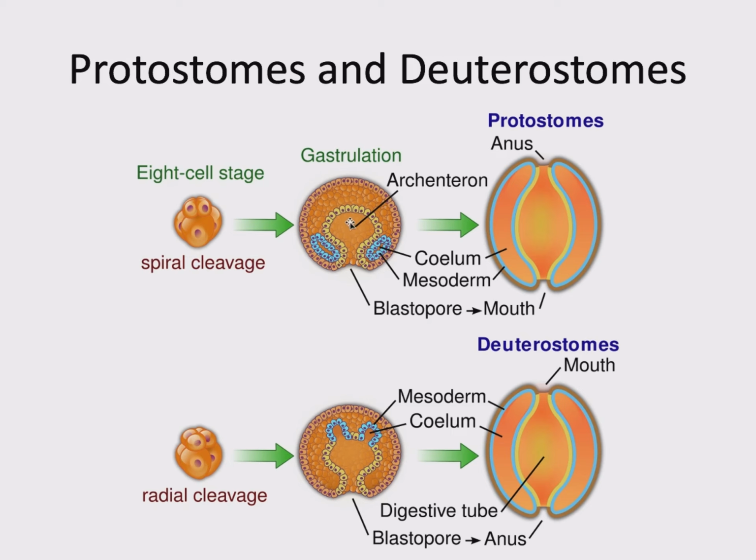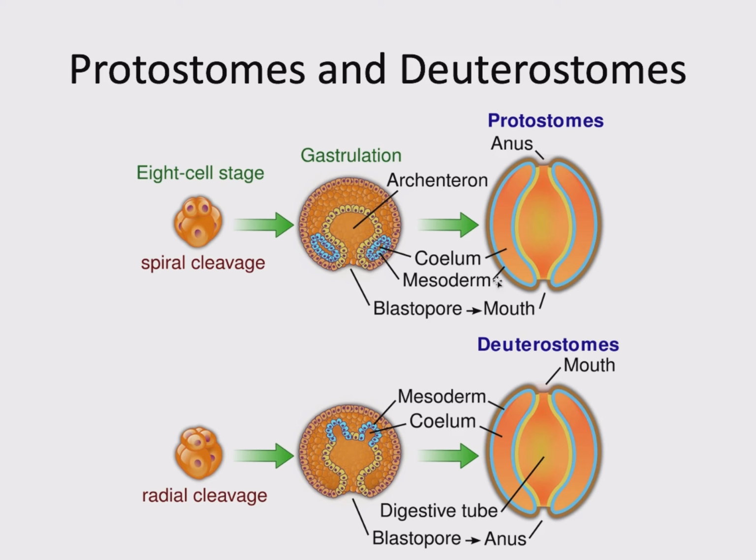So in a group called protostomes, this initial indentation, this blastopore during gastrulation, becomes the mouth and eventually is going to extend and form the anus. So remember, these are tube-shaped animals.